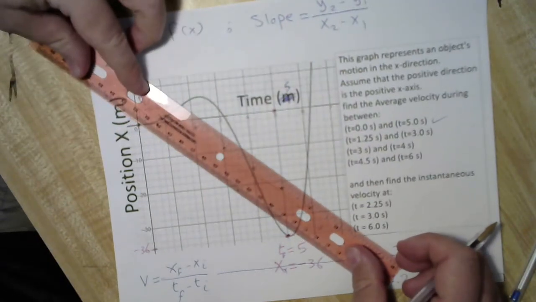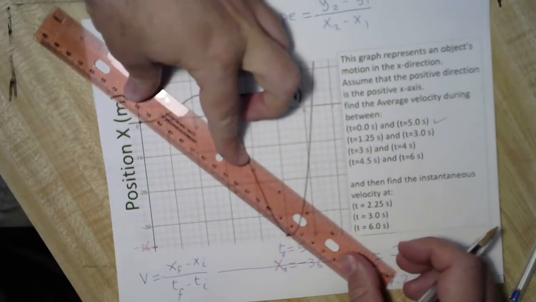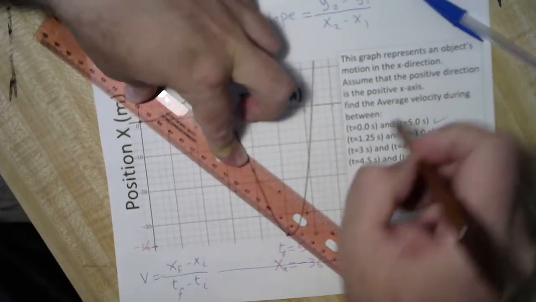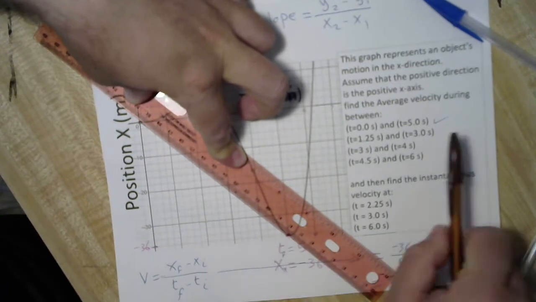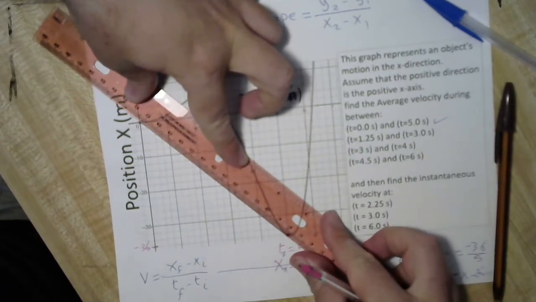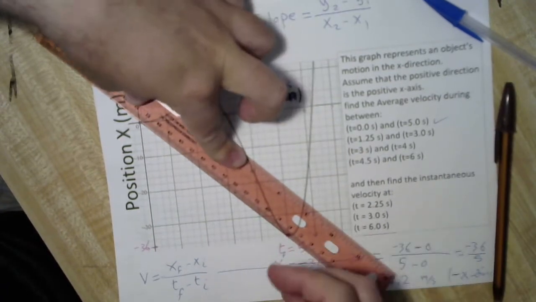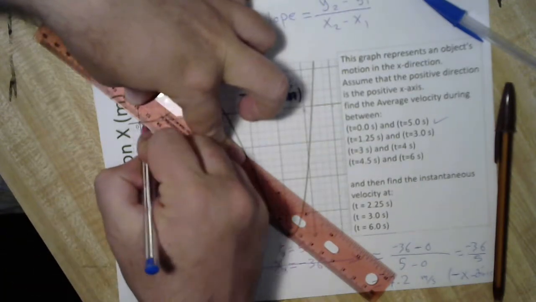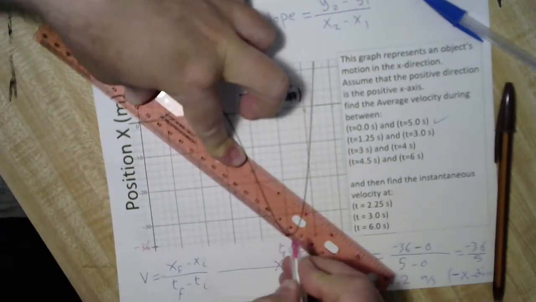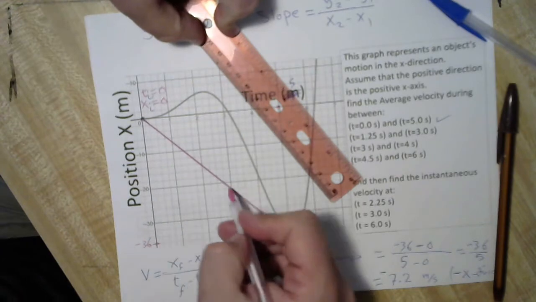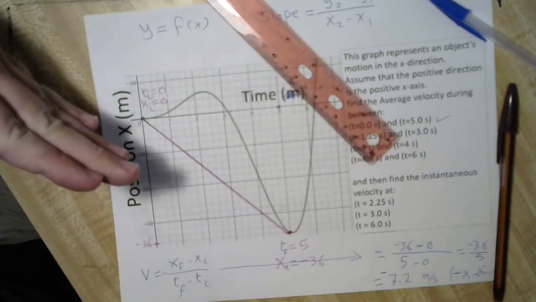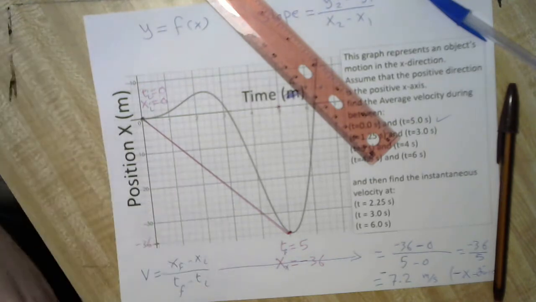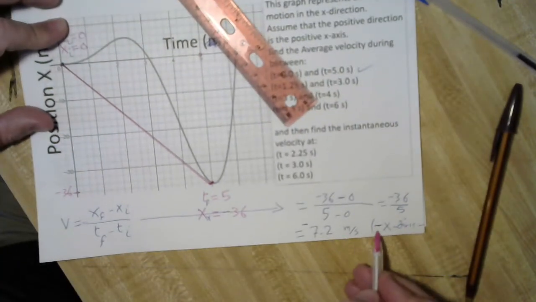Look, I can draw a line between the 2 points. I will make it easy to be seen. This line is going down. That means its slope is negative, and that is what I find.